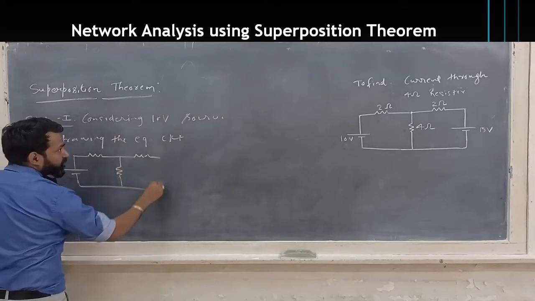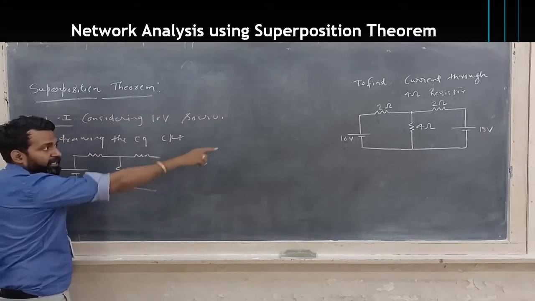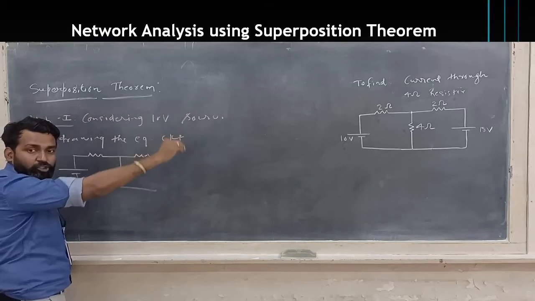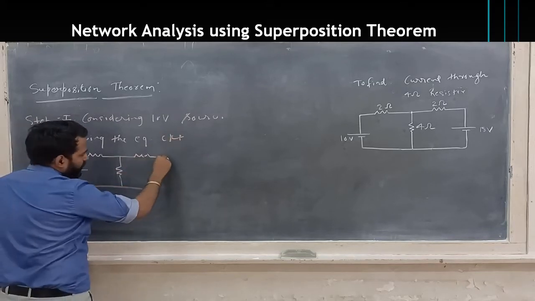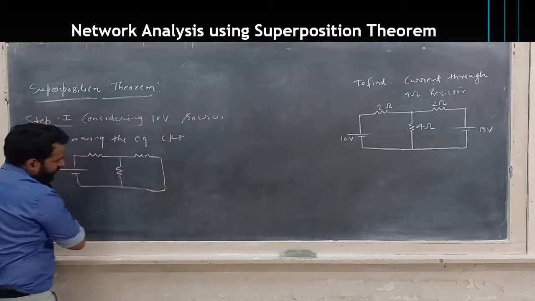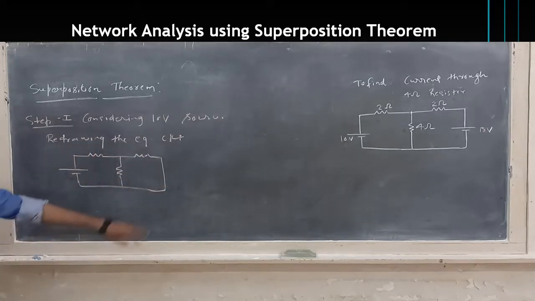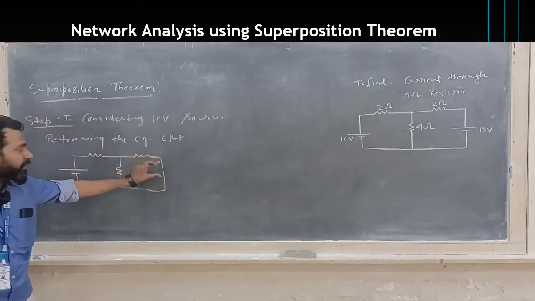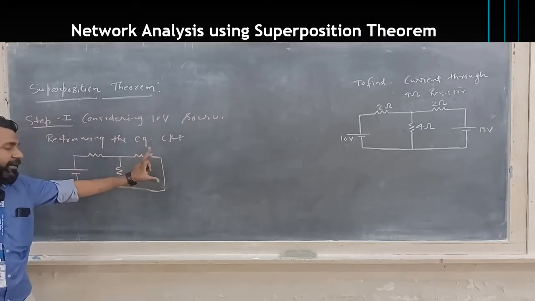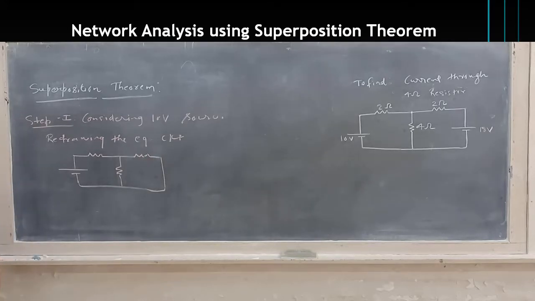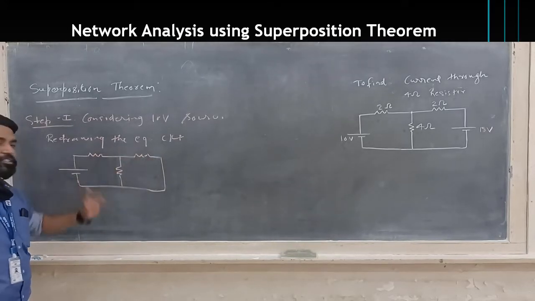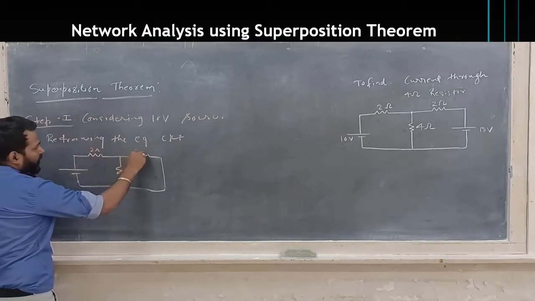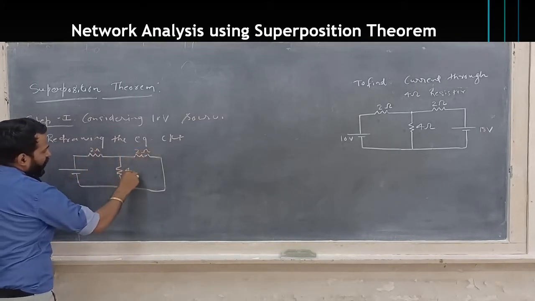Now see, in this branch there was a voltage source of 50 volt. I have to replace it by a short circuit. Is this clear? Here there was a voltage source and I replaced it with a short circuit. If this had been a current source, what would I have done? I would have made it an open circuit, and this branch would disappear from the circuit. This resistor has a value of 2 ohm, this resistor is also 2 ohm, and this resistor has a value of 4 ohm.